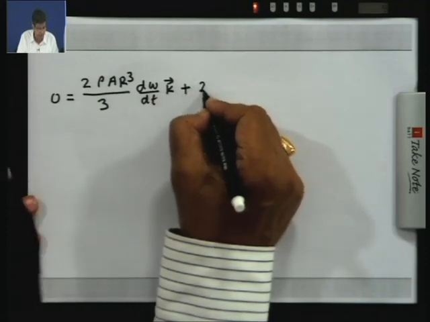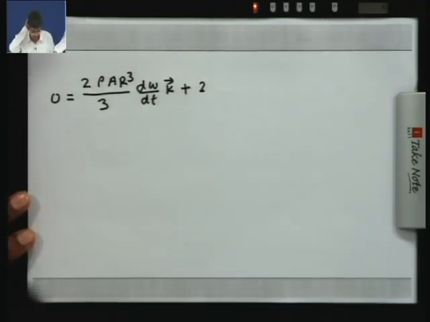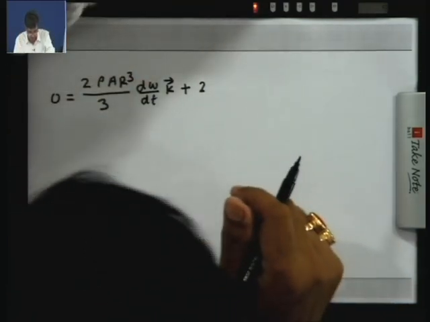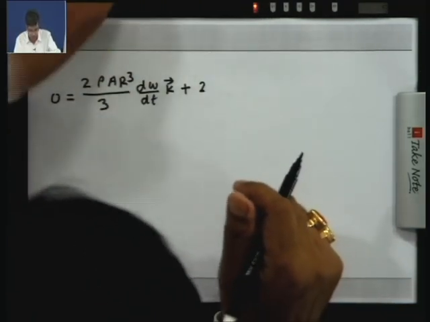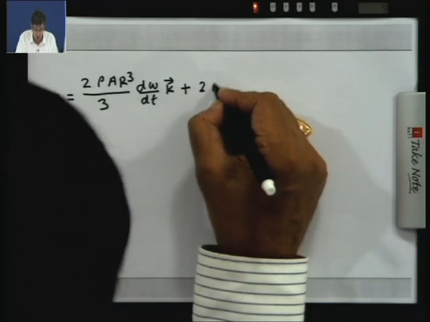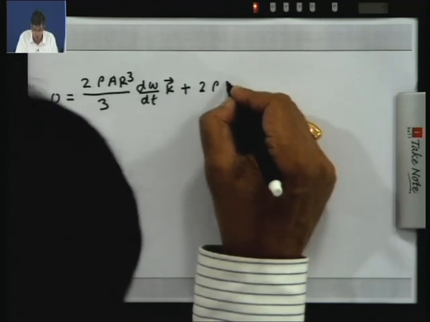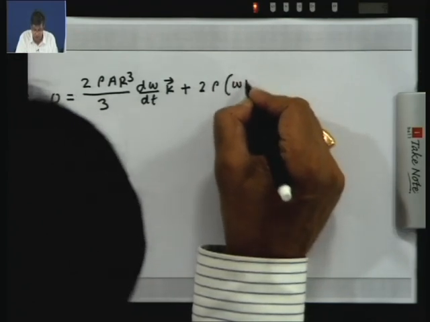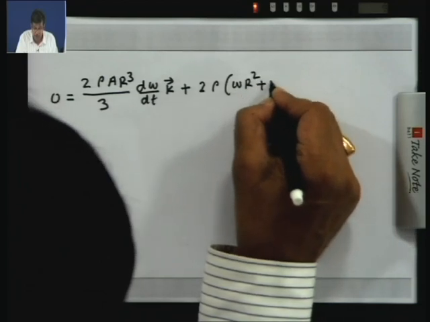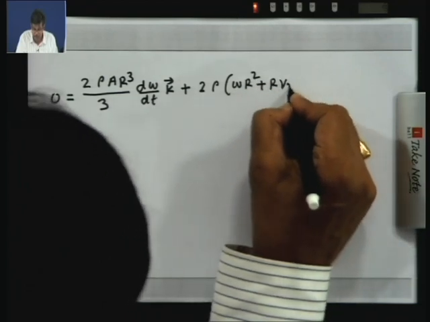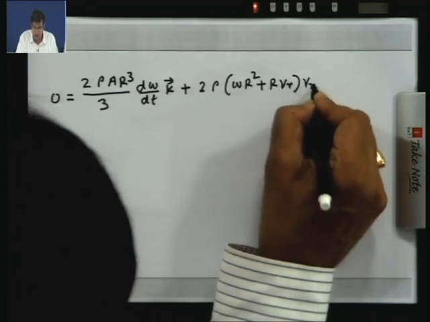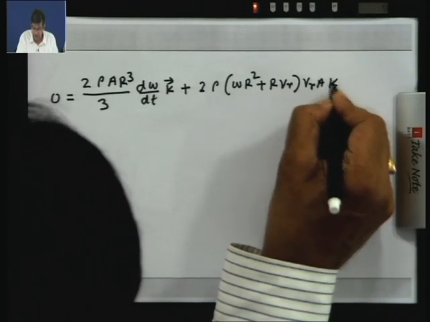twice, what is the second term? The first term, the second term is twice rho omega r square plus r Vr into Vr A k.